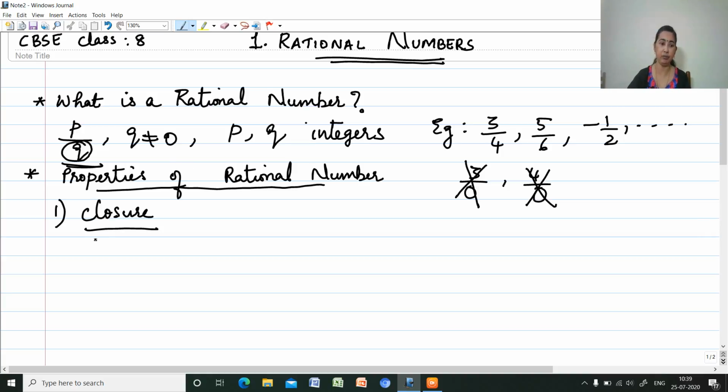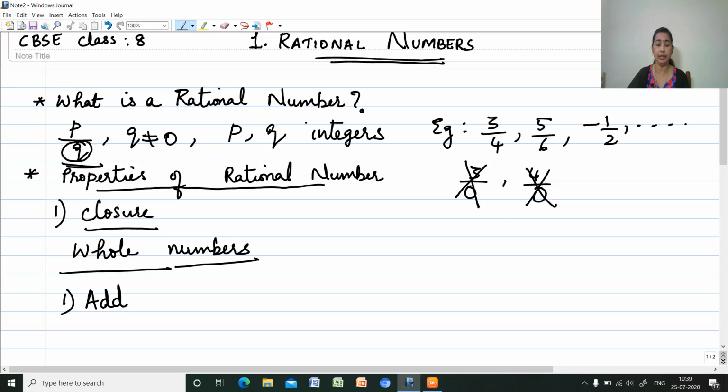First we'll check whether closure property is satisfied for whole numbers. In that, first we are moving to addition of whole numbers. If I'm taking two whole numbers, let it be 2 and 5, and adding them, I'm getting 7, again a whole number.